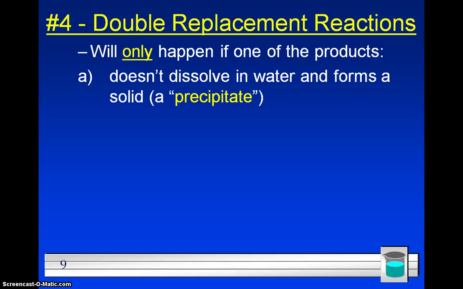That's why formation of a precipitate is an indicator of a chemical reaction. So what we need to do to determine whether or not a double replacement reaction of this type happens is to determine if a product is soluble or insoluble in water. And in a second, I'll show you how to do that using your reference tables.